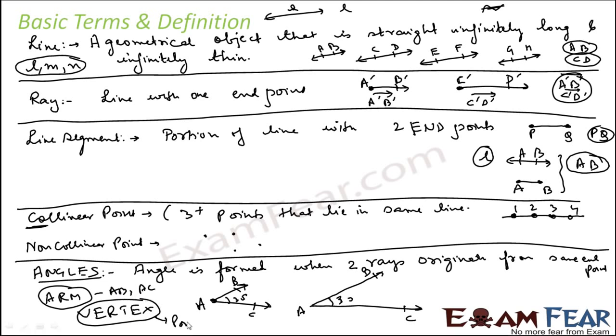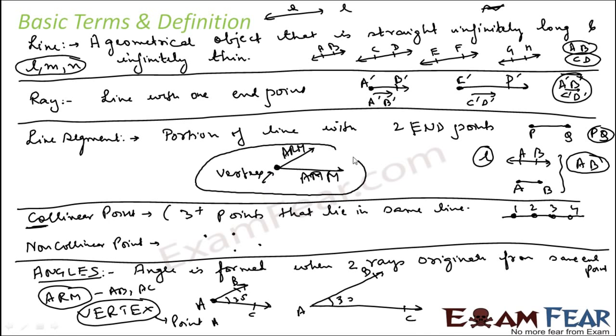And vertex is point A. So a typical angle: these are arms, and this is called the vertex. So these rays which make angles are called arms, AB and AC, and the point at which these two rays meet is called the vertex. So that is the definition of the terms which we'll be using in this chapter.